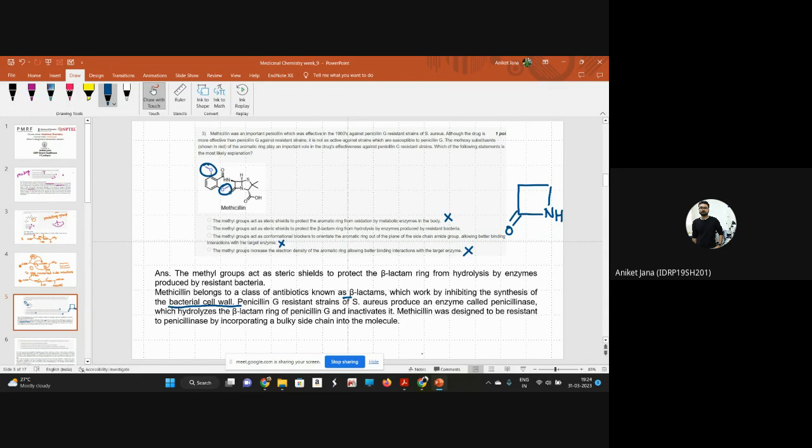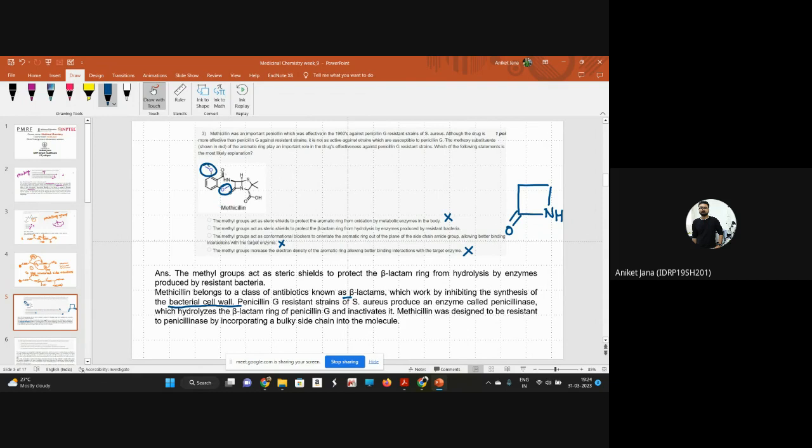So, have you got the explanation that this beta-lactam ring is very much prone to be attacked by this enzyme called penicillinase? Okay, so now this is the main core moiety of the antibiotic. So in methicillin, what strategy have we used?